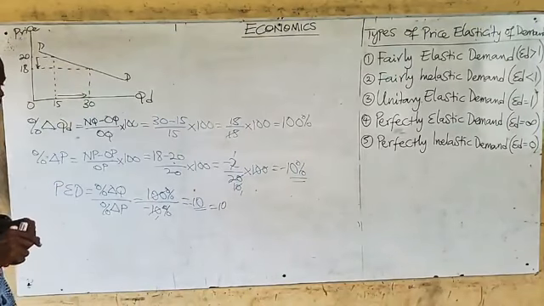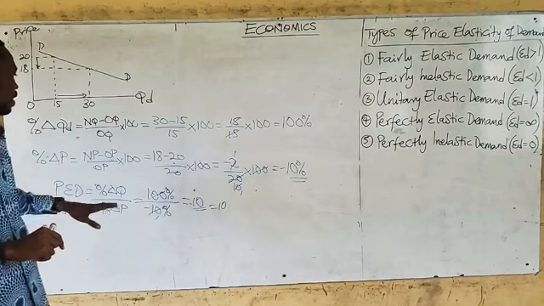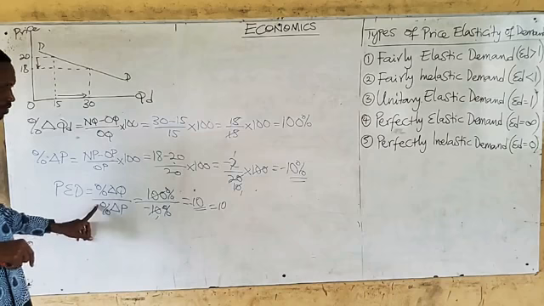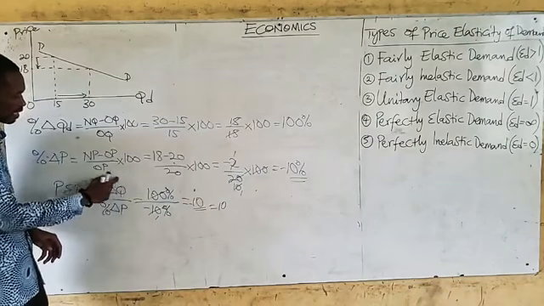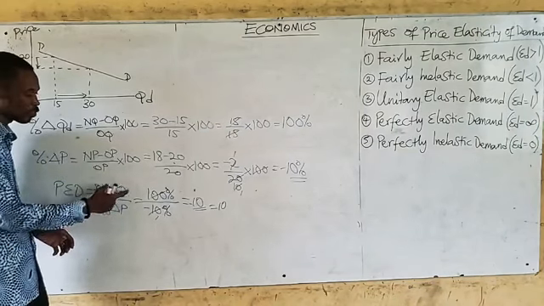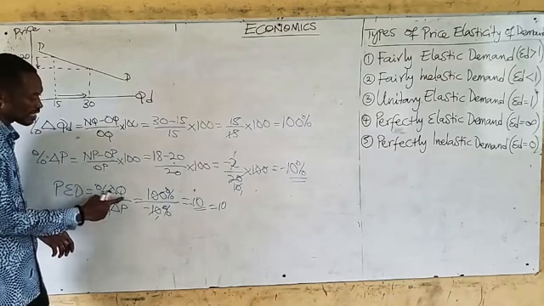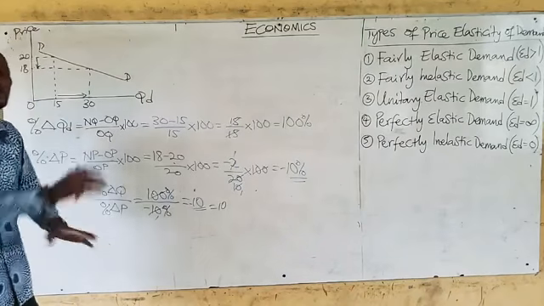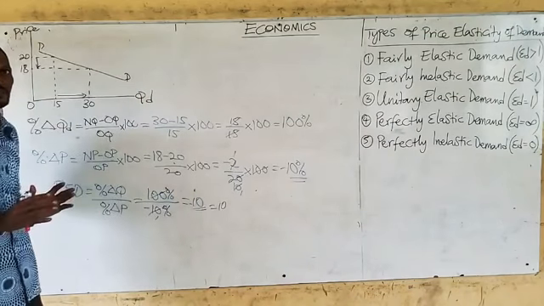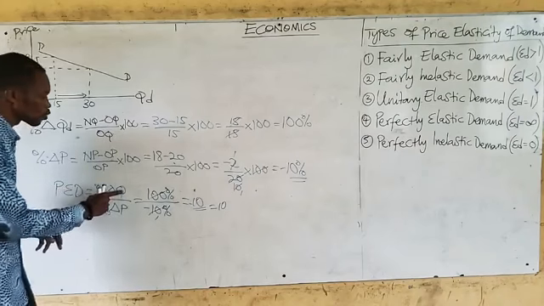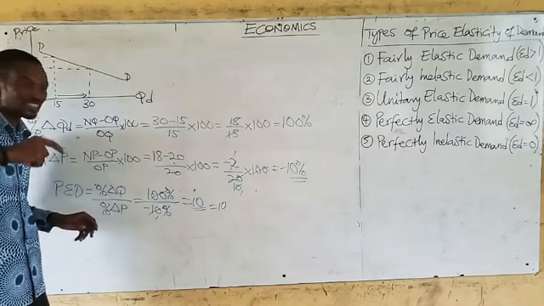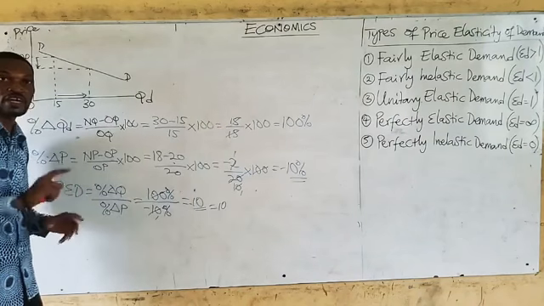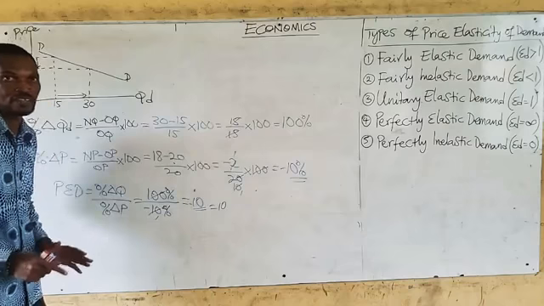You will notice that this is the formula for calculating price elasticity of demand. This is the numerator, and this is the denominator. Once the numerator is greater than the denominator, i.e. the one on top is greater than the one down here, your final answer is always going to be greater than 1.